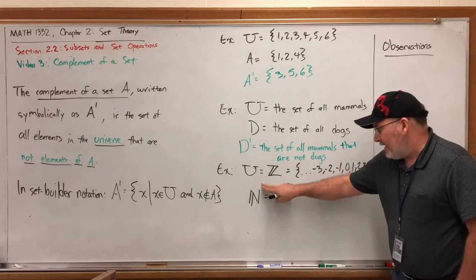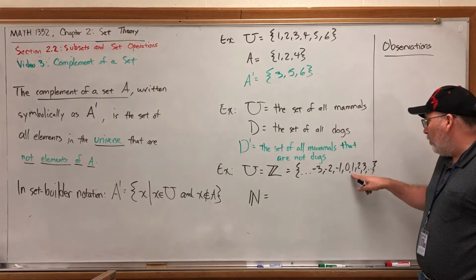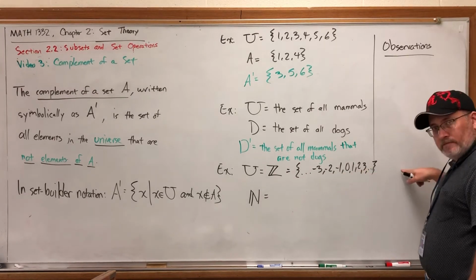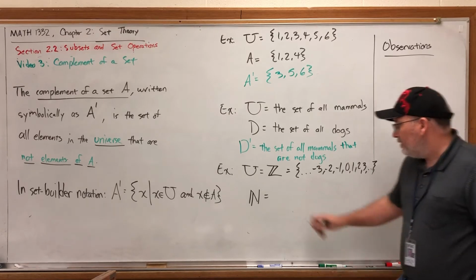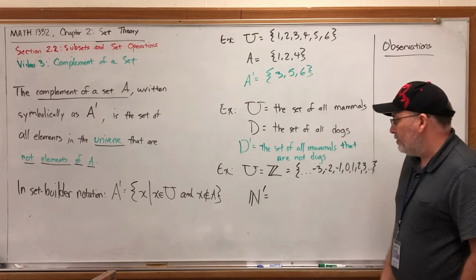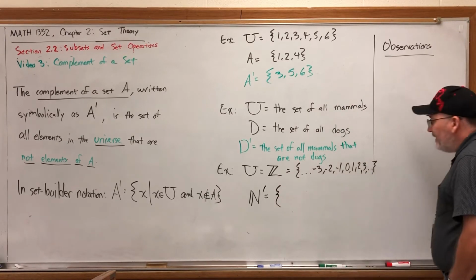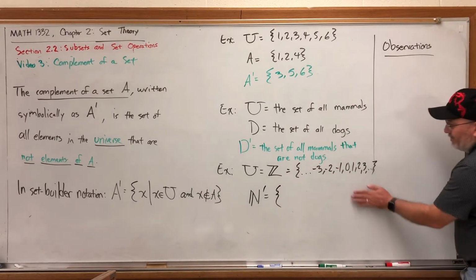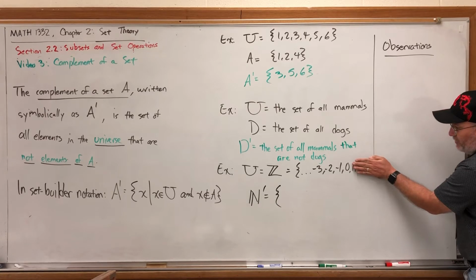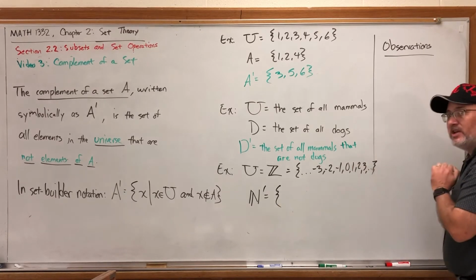So without the apostrophe, the natural numbers would be 1, 2, 3, 4, 5, 6 forever. The complement of the natural numbers in the universe of integers is everything else. Think of it as going to the universe and erasing the natural numbers. What's left? All the negatives and 0.